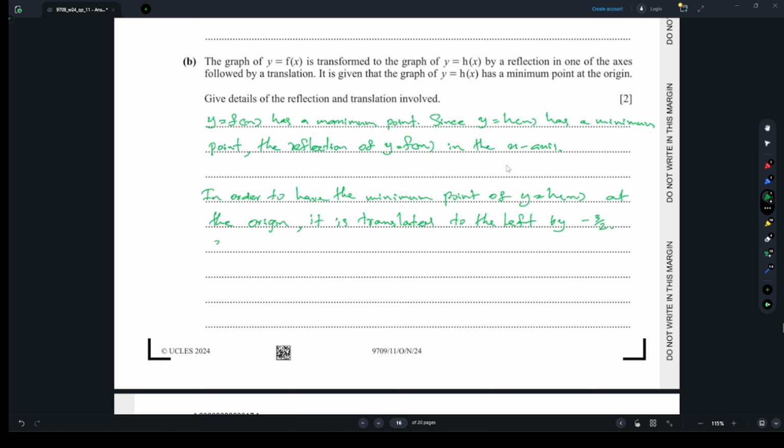So the translation is, first we write the amount of x, and the y value is the same, so 15 over 2, because we translated also down.